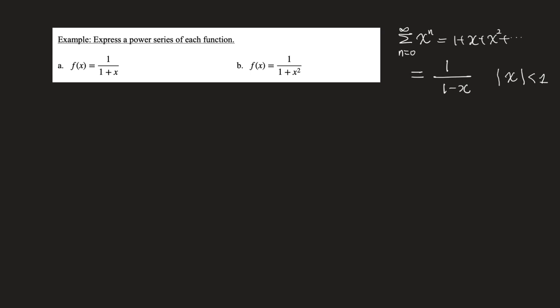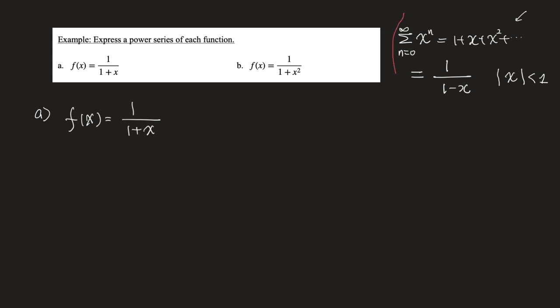Now, from now on, we want a power series for a given function, but finding a power series takes time and is sometimes a very tedious step. So now we want to find the power series of a given function by using the geometric power series. You manipulate the function a little bit, then find the power series. Let's try this first one. They give the function f of x equal to 1 over 1 plus x, but the geometric power series is for 1 over 1 minus x.